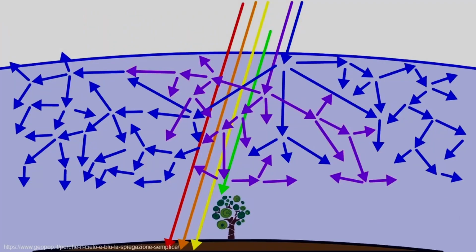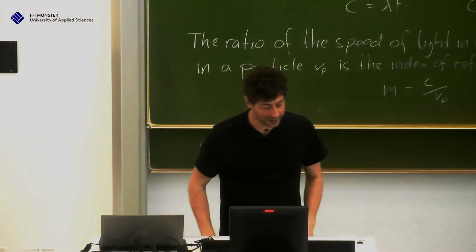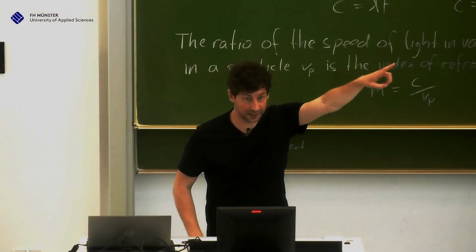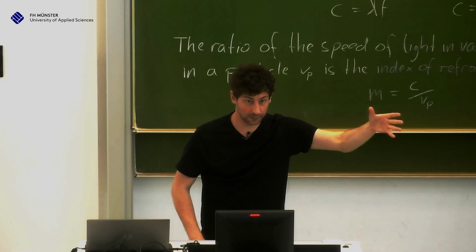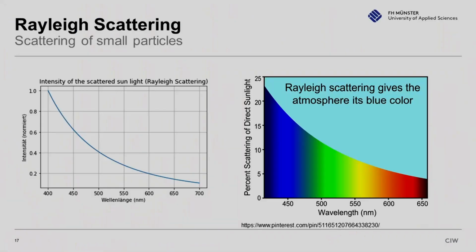So what you see here is the light goes in, and since we have the dependency of 1 divided by lambda to the power 4, the blue light is much more scattered than the other colors. And this is why we see the blue light. I mean, a lot of light goes through anyway, but we see the blue light because the blue ones are scattered much, much stronger. So we can calculate the intensity of what I see there for all colors, but 1 divided by lambda to the power 4 tells me blue is scattered much more.